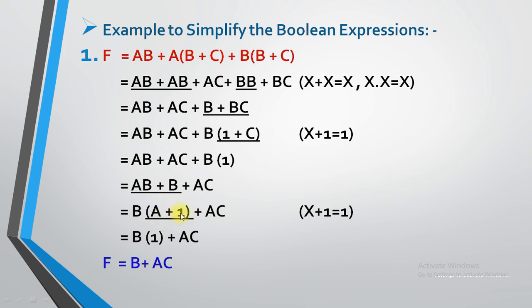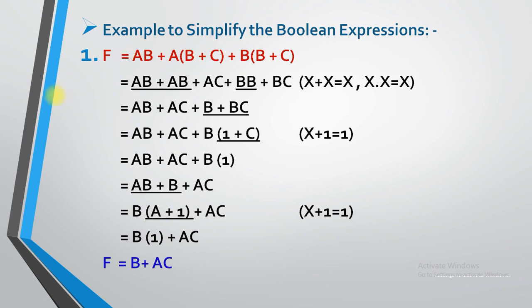Instead of A plus 1, again I can write 1. So final answer, function f equals B plus AC. Right? So this is the final simplified Boolean expression. Now just imagine that if I am going to draw the circuit of the given term, at that time it becomes so much complicated.